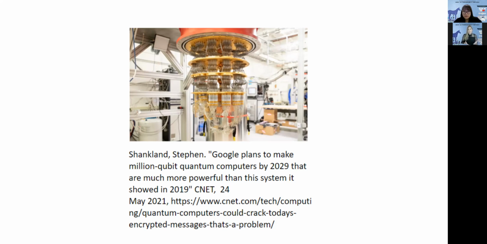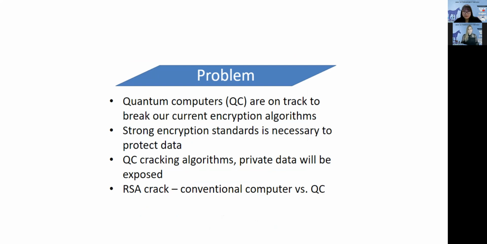And because of this, Shor's algorithm, which we'll go into detail a little bit more throughout the presentation, would be able to effectively crack the ubiquitous RSA encryption algorithm. So quantum computers are on track to break our current encryption algorithms.